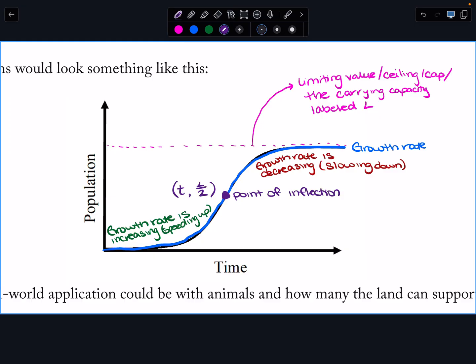This is where the maximum growth rate occurs, and the maximum growth rate is this L over 2.